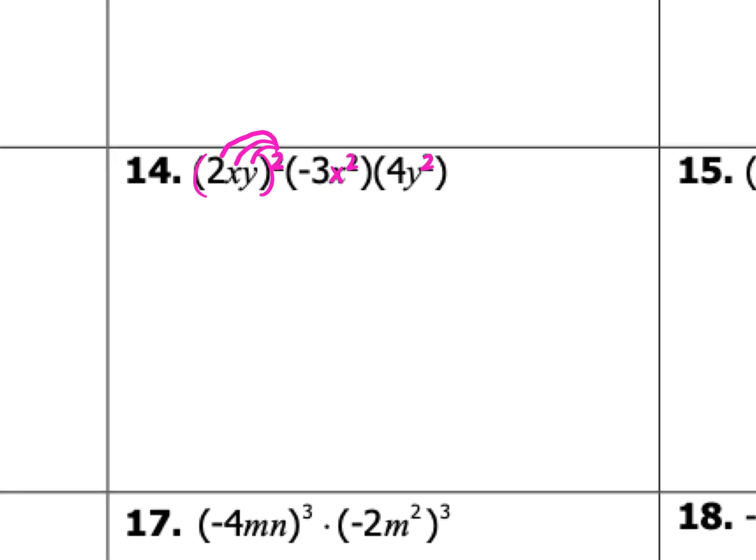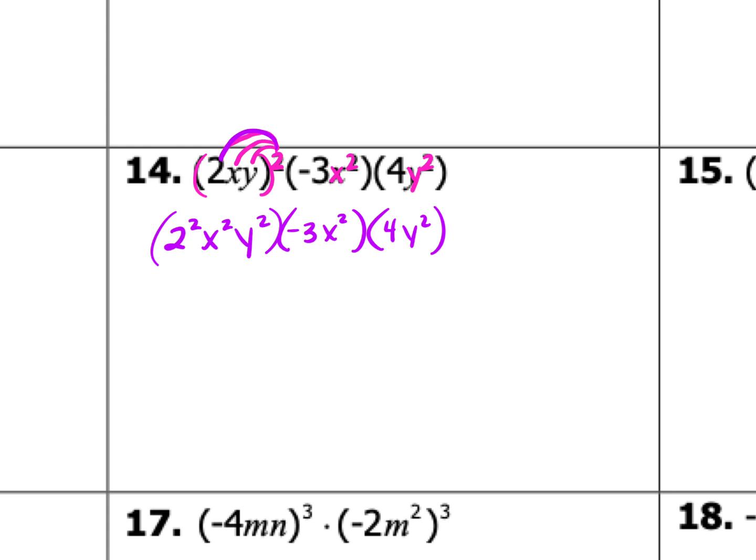This one is inside, that's only attached to the y. So just be really careful with that. If it's outside, it has to go to everything that's inside. So like the 2, you're taking 2 to the 2nd, you're taking x to the 2nd, and you're taking y to the 2nd. And then you still have a -3x squared, and you still have a 4y squared.